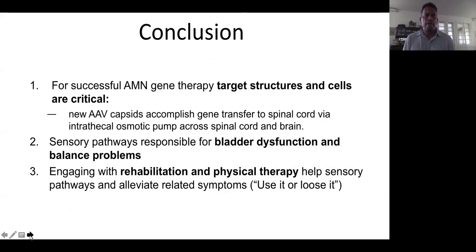and aggravated symptoms. So I'm just going to close by summarizing here briefly that for successful AMN gene therapy, we understand that we have to get into the right target structures and cells.